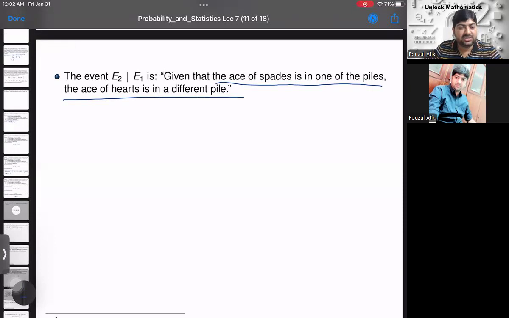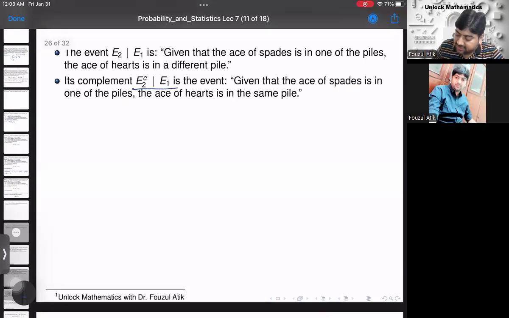Now, to calculate this probability, we will rather think about the probability of E2 complement given E1. What does it mean? It means that given that the ace of spade is in one of the piles, the ace of heart is in the same pile. That is the complement, because E2 is the event that where the ace of spade is, the ace of heart should be in a different pile.